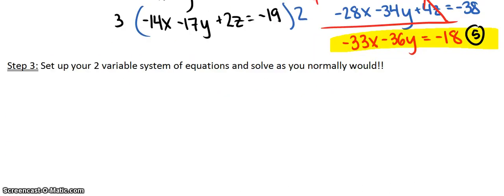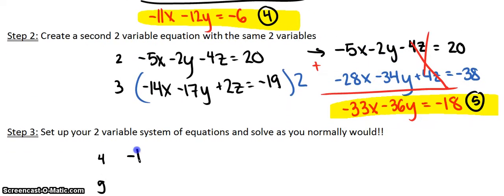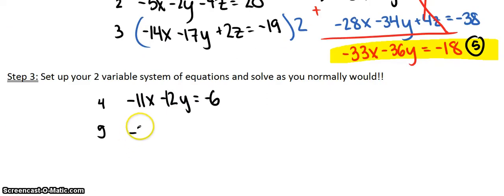But let's look at that a little bit more by doing our next step. If we're solving this system, we are going to add or combine or substitute, whatever you want to do, equation 4 with equation 5. So this is negative 11x minus 12y equals negative 6, and negative 33x minus 36y equals negative 18.